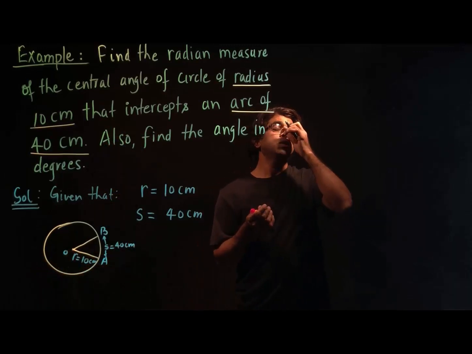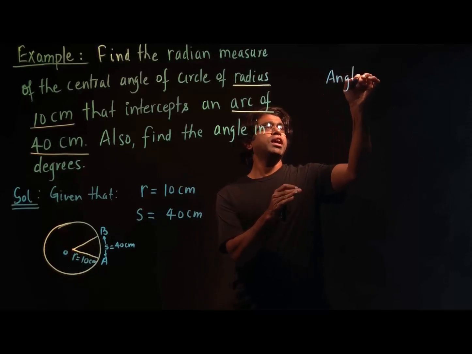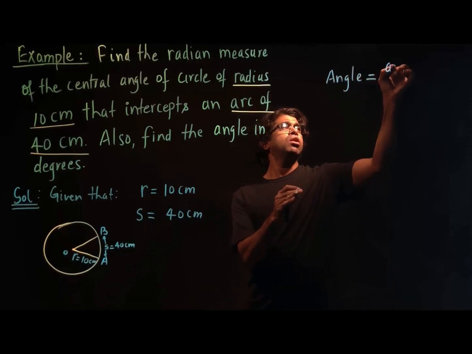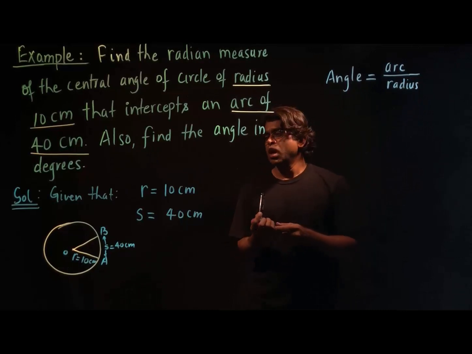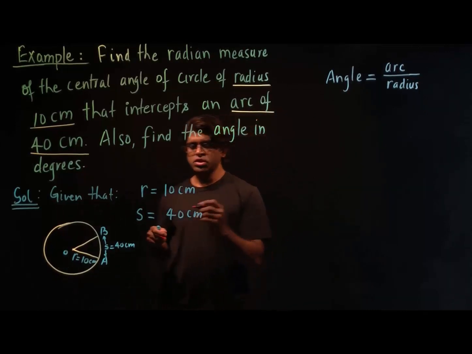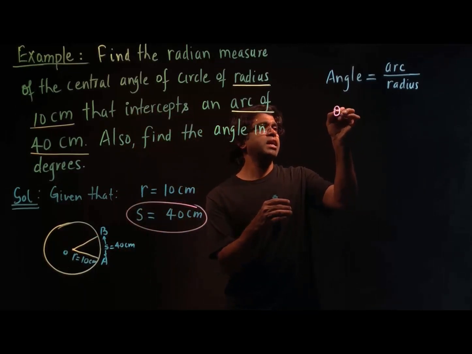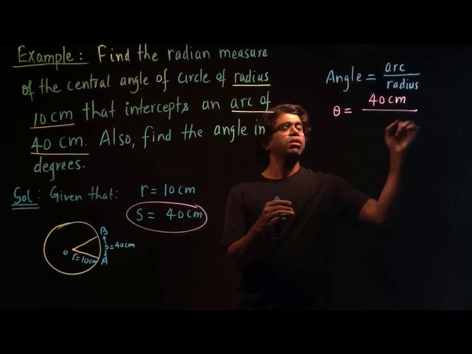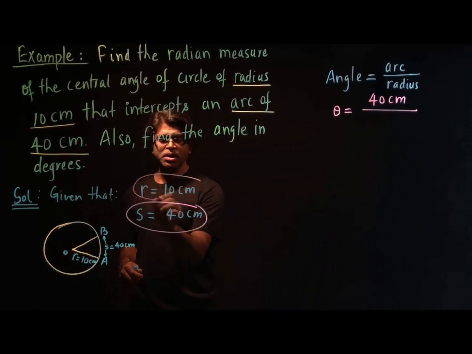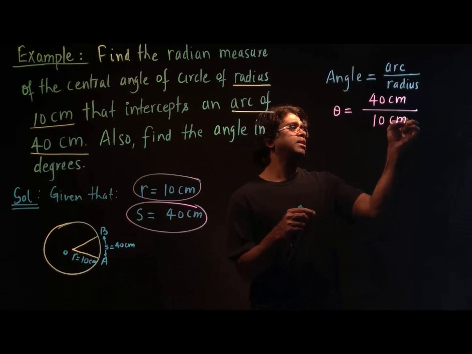Now, if you remember, the formula for the angle is equal to arc over radius. Right? This is the formula. So as you can see, my arc, which is this one right here, is 40. So I will write angle theta is equal to 40 centimeter over my radius, which is 10 centimeter.